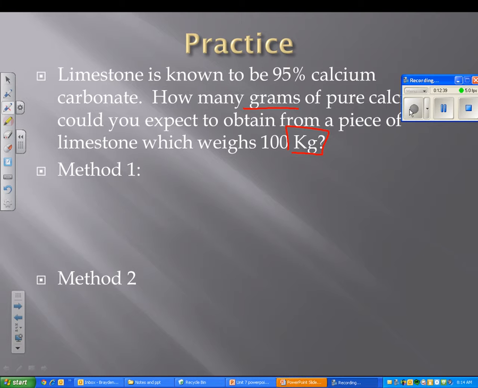So first, let's find out how much pure calcium carbonate we're dealing with. You have 0.95 of a 100 kilogram sample, so you multiply those together, and you get 95 kilograms of calcium carbonate.